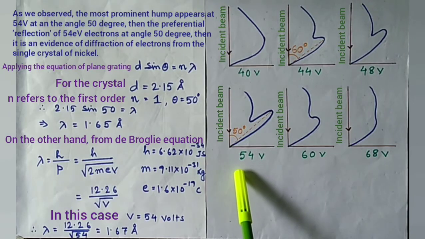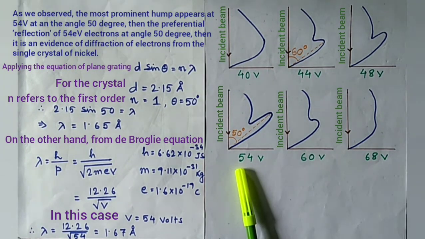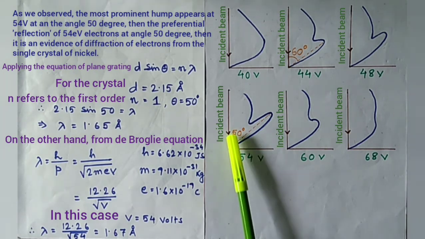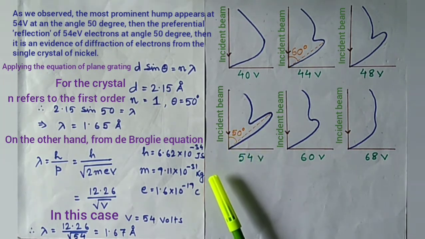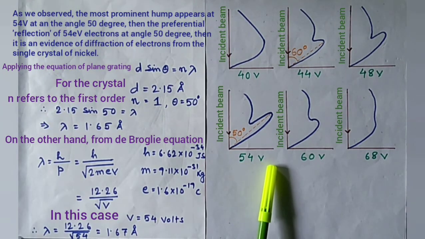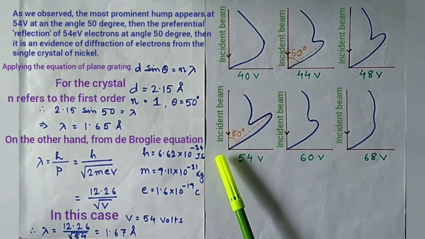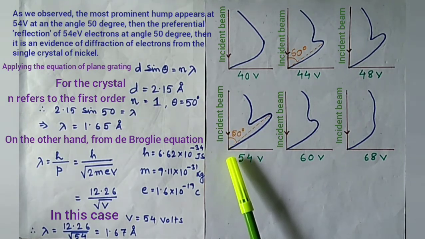So students, as you see, the most prominent hump appears at 54 volts at an angle of 50 degrees. Then the preferential reflection of 54 electron volt electrons at the angle of 50 degrees is evidence of diffraction of electrons from the single crystal of nickel.